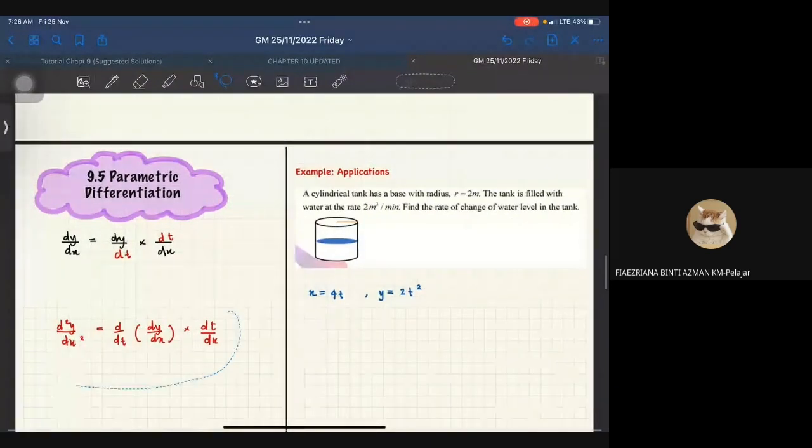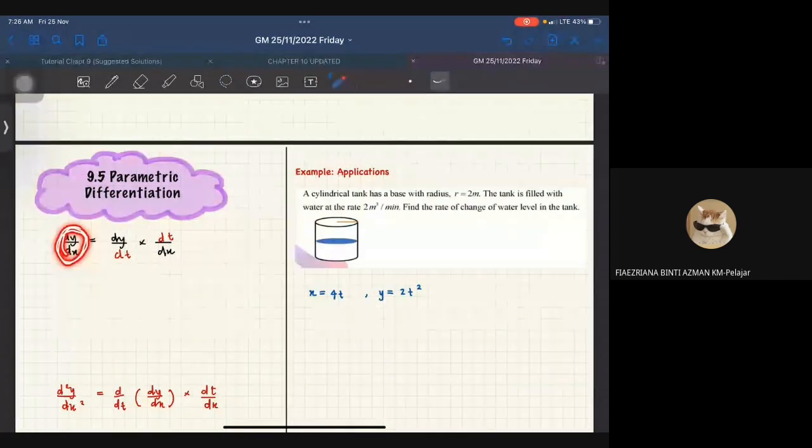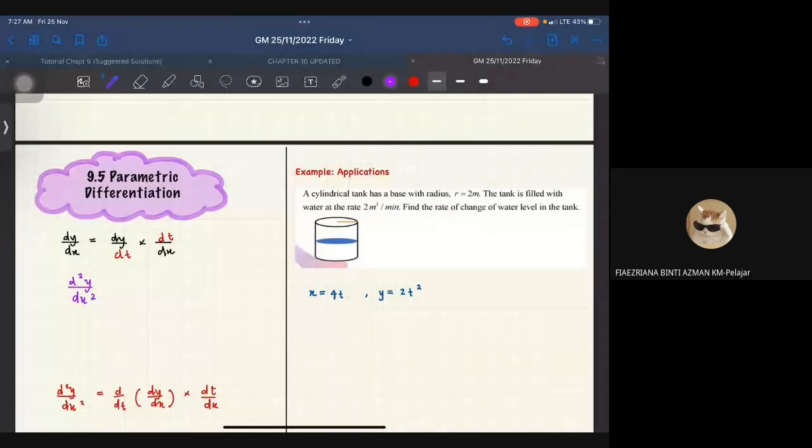Okay, so second derivative, saya pindahkan yang ni ke bawah sikit. So kalau ikutkan second derivative maksudnya kita akan differentiate lagi sekali this one. Okay, so that is what second derivative tells you. Okay, so sebenarnya saya nak cari, so my subject is d square y dx square. Okay, so based on our knowledge, based on kita punya understanding, so kita akan differentiate lagi sekali dy dx kita.